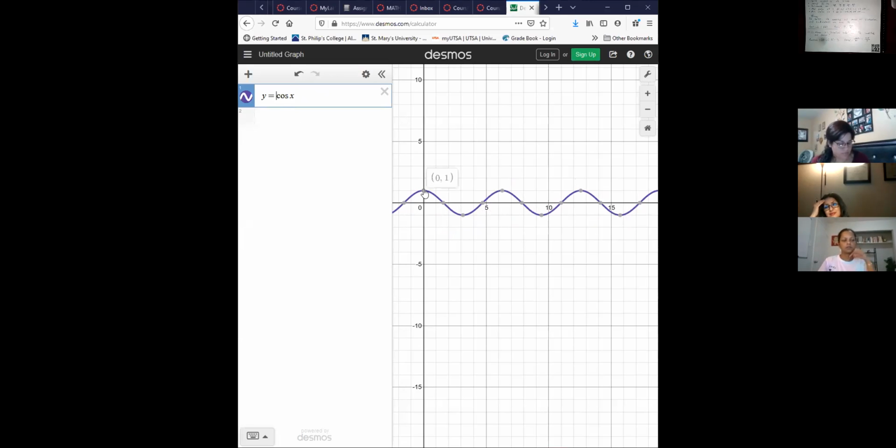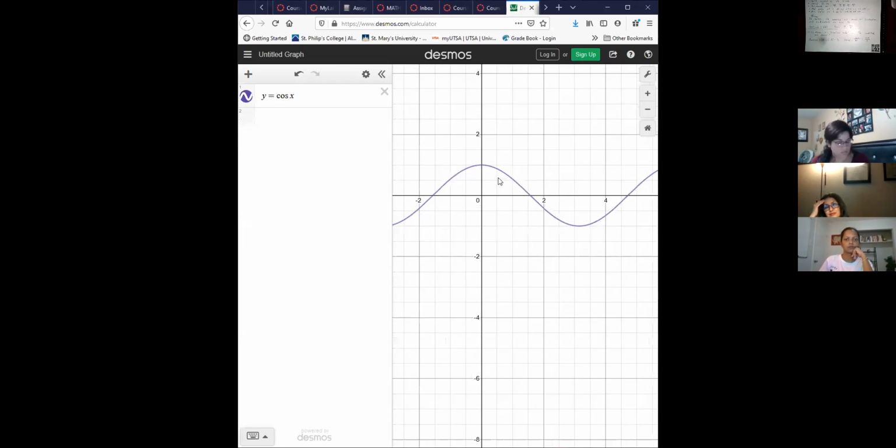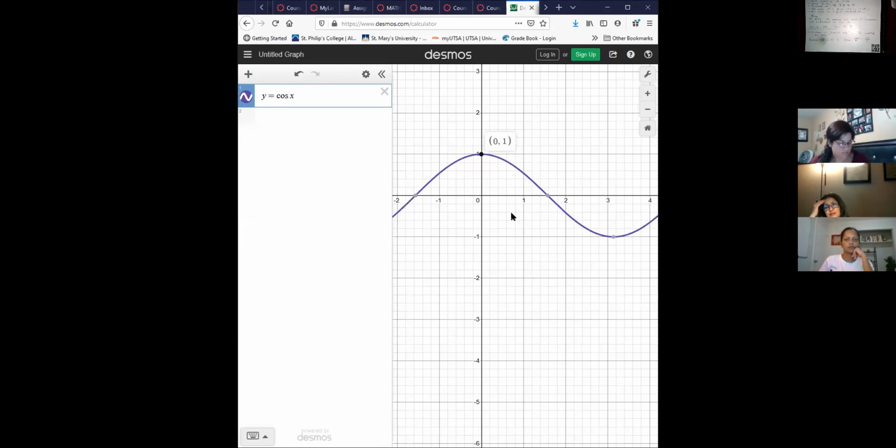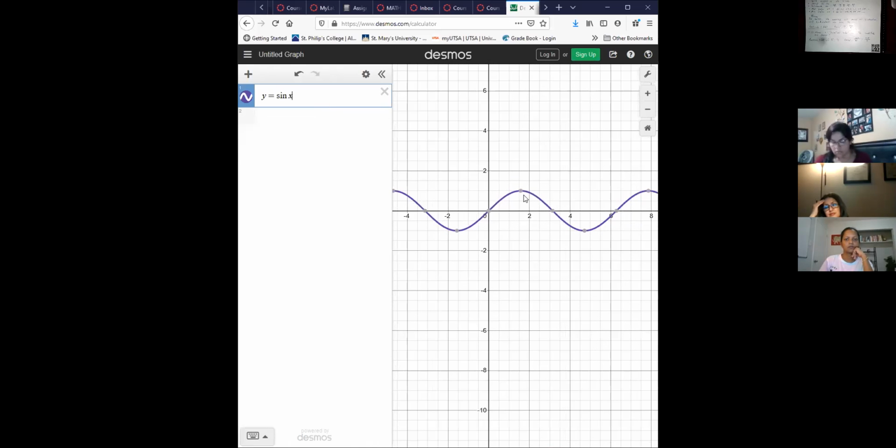But see how cosine is even, right? So you see the symmetry on the y-axis, right? Same thing here. Sine has symmetry with the origin, meaning if I flip it through the center, I would get this side, right?